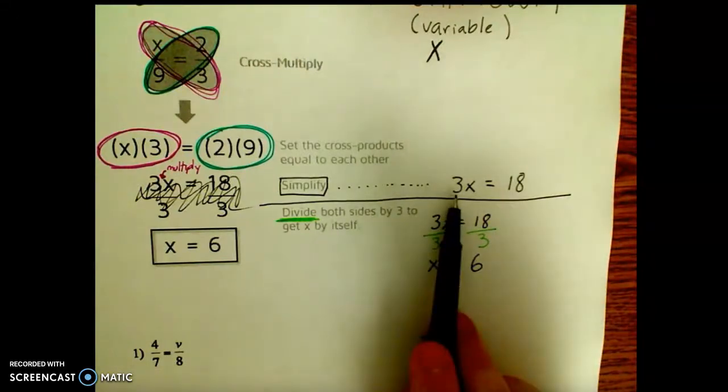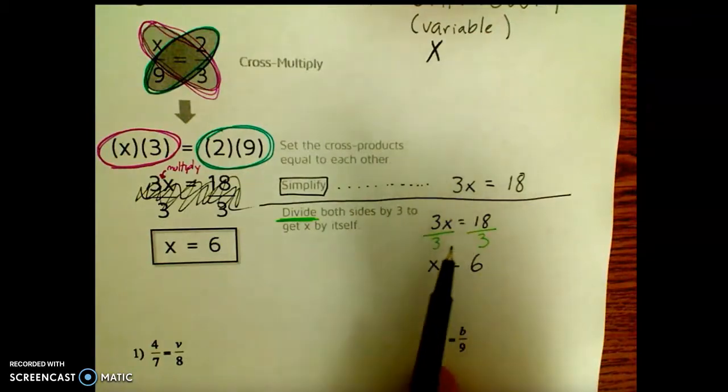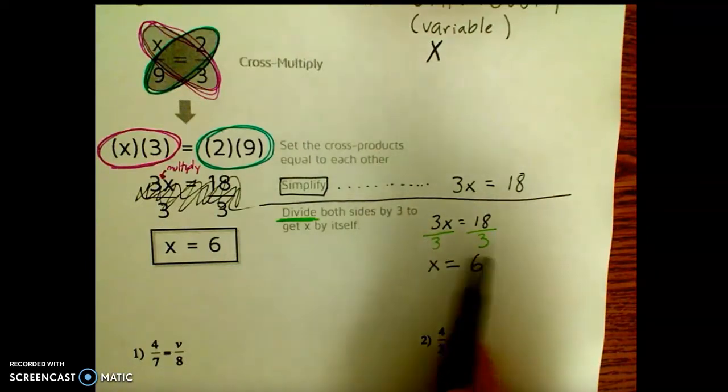We couldn't do the 3 times x, so we just left it as 3 times x. Now we're going to solve by doing the opposite of multiplication. We're going to divide on both sides to keep it equal, and we find out that x is 6. Ta-da! We have used cross multiplication to find a missing variable.